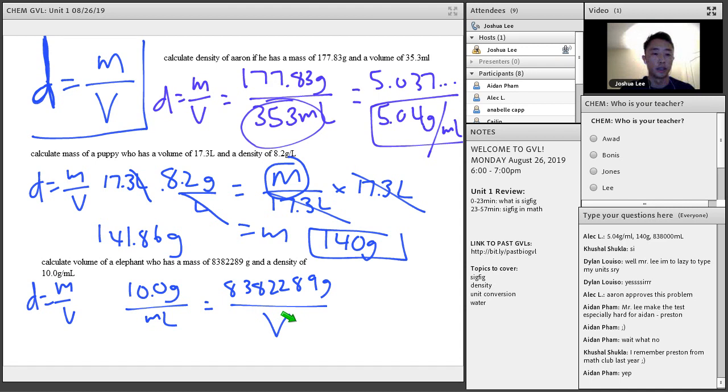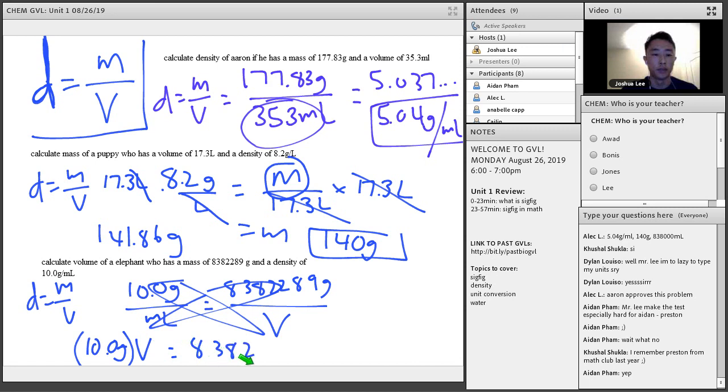If you cross multiply, it becomes 10.0 grams times volume equals 8382289 grams milliliters. You're like, all right, what the heck is a gram milliliter?